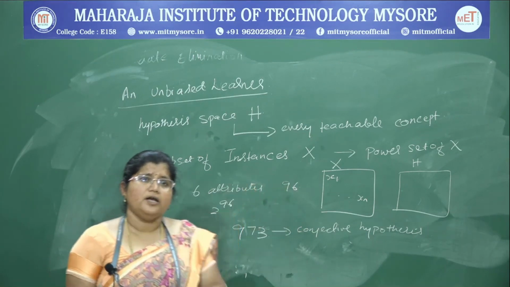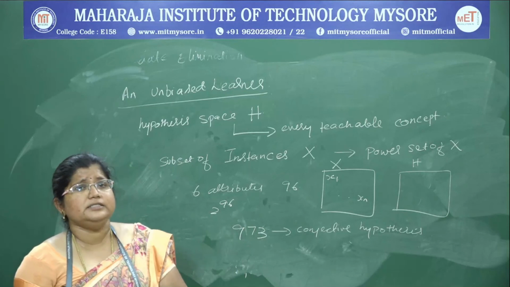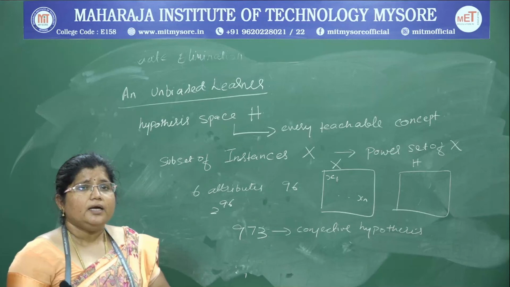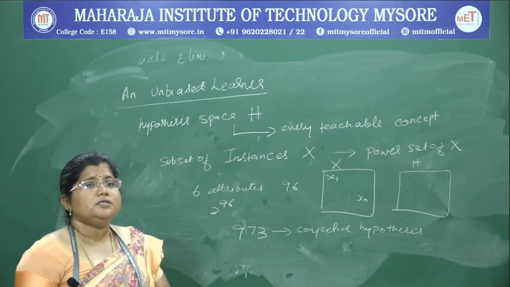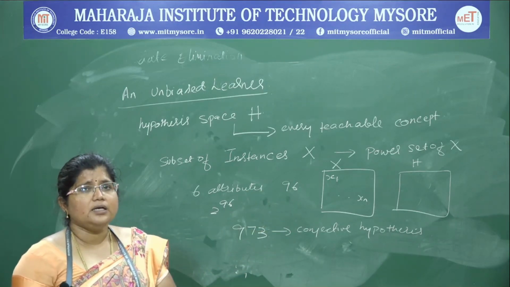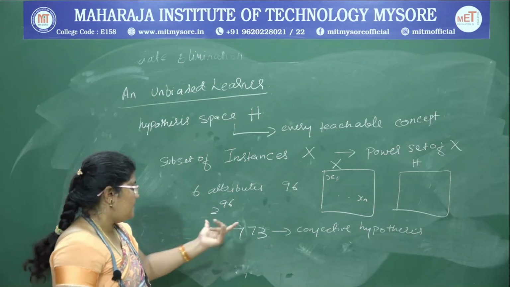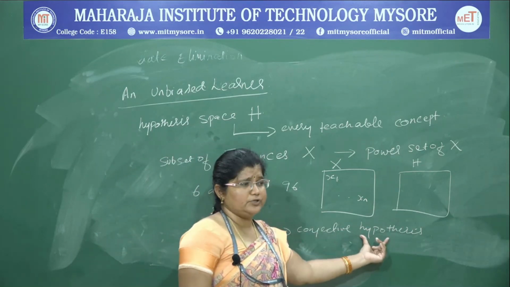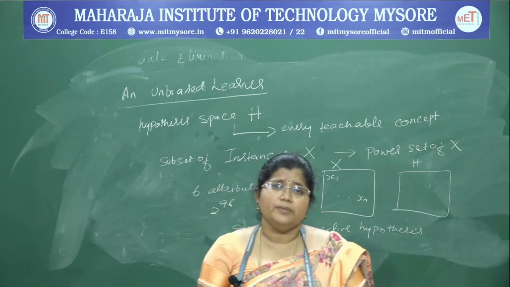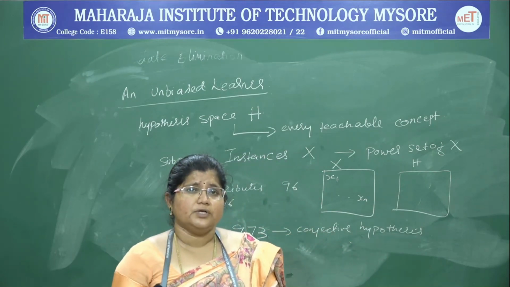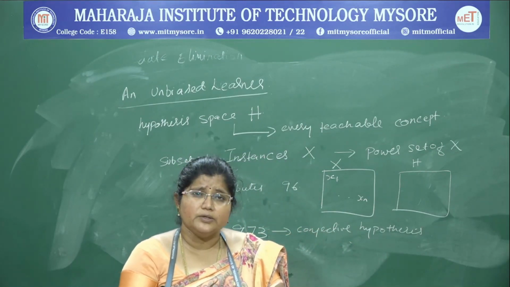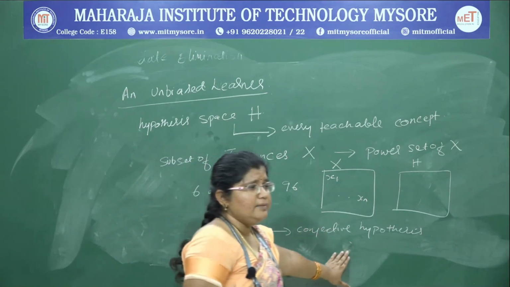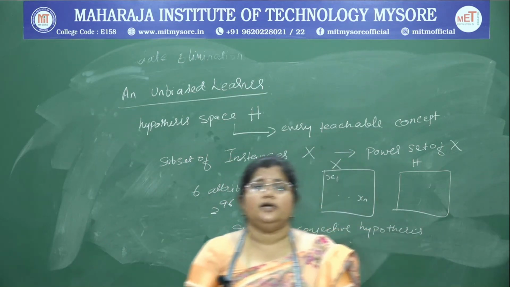And we should know how many hypotheses can be generated in the hypothesis space based on the instances, so that it can address the unobserved training example. In total we can have 973 conjunctive hypotheses. Conjunctive means a combination, a conjunction of those attribute values.